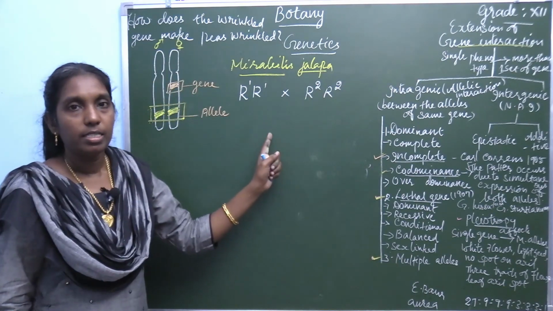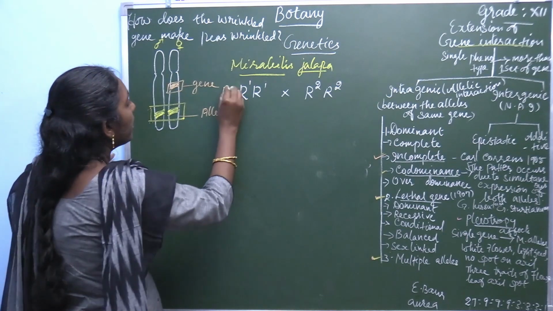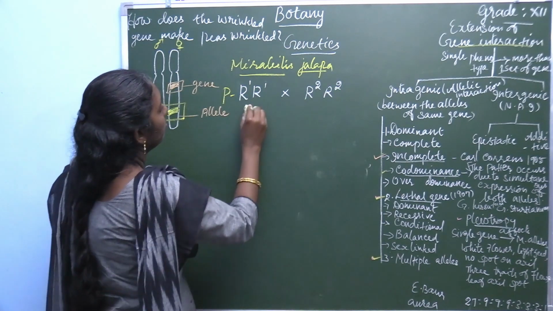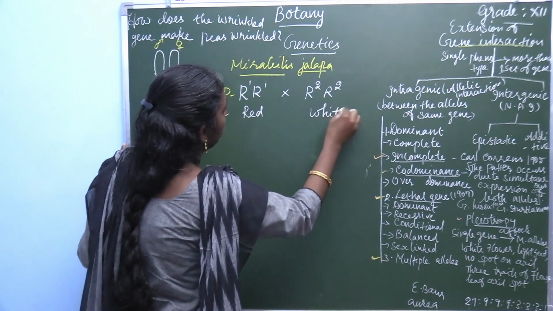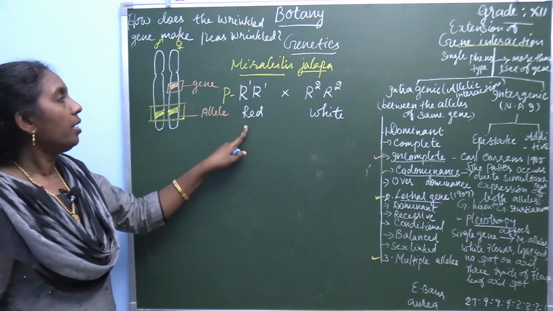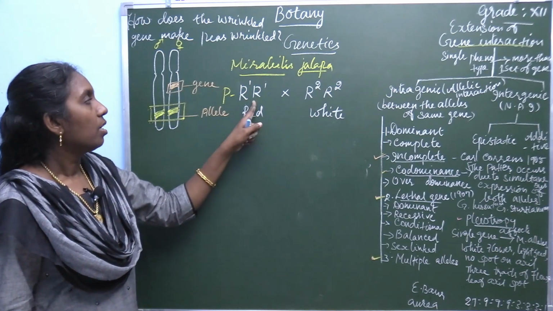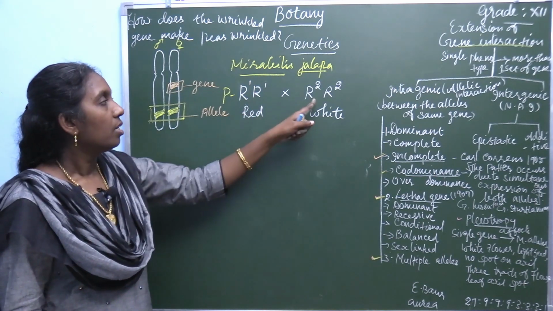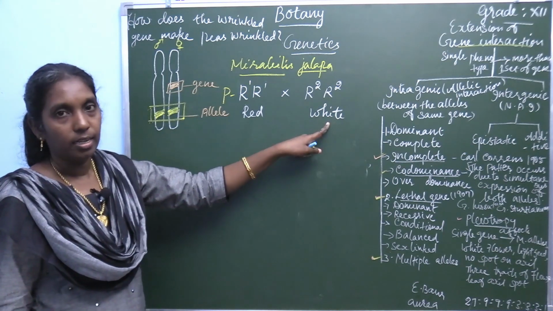So, in Mirabilis jalapa there are two different parents, red and white. The character is the color of the flower. Red color is dominant over white color.